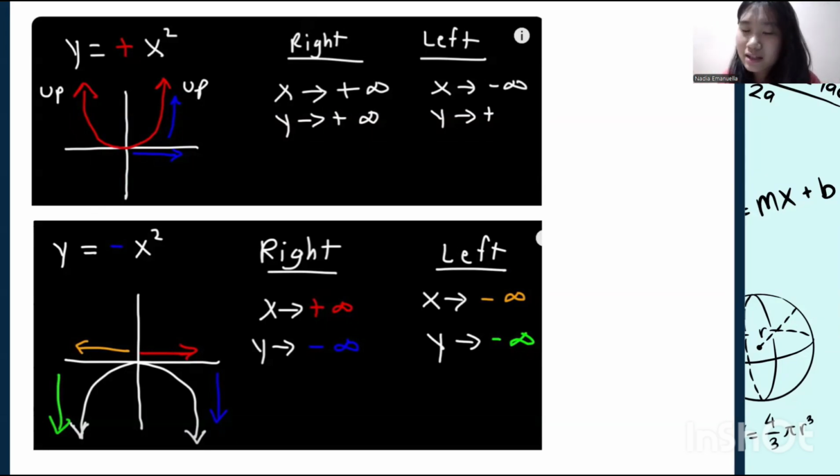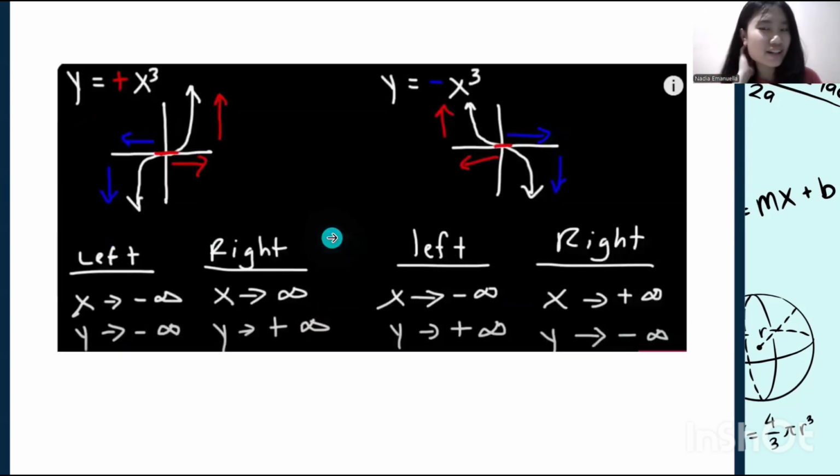If it's negative x squared, if x approaches positive infinity, y will approach negative infinity because it goes downward. And if x goes to negative infinity, then y will also go downward to negative infinity because the graph is facing downward.